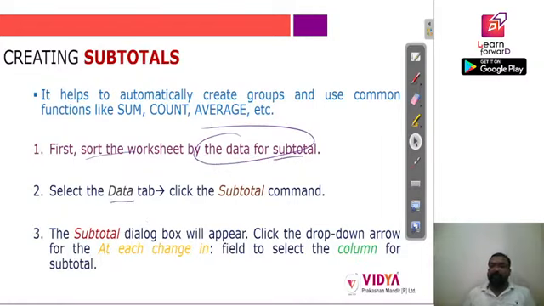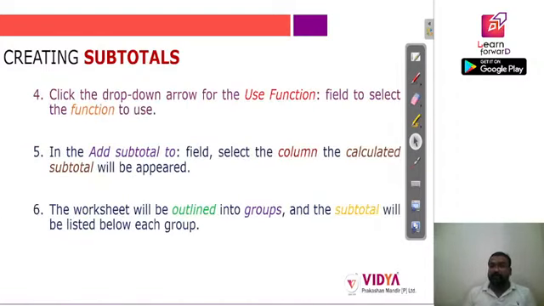Then we can directly go to the Data tab and choose the subtotal. We select the column where the values change, that we are looking for. Then we select the specific function that we want to apply. That means we go to the use function field and select the function that we want to apply.